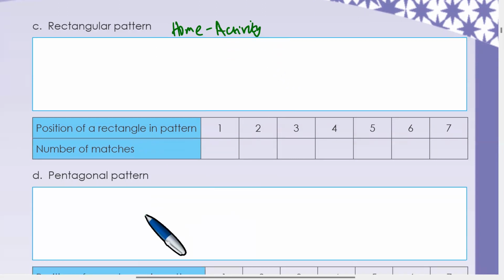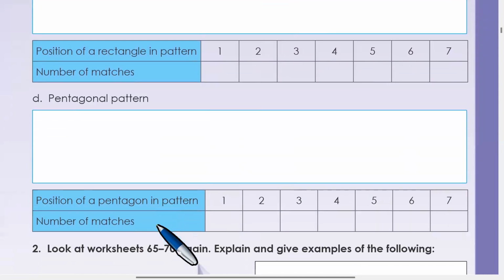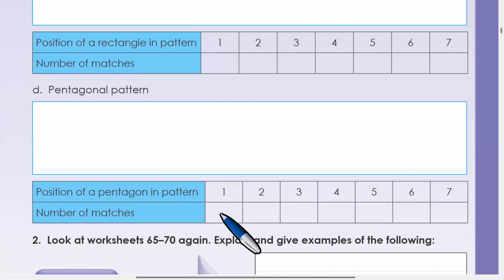Let's discuss the pentagonal pattern. How many matches are there in the first place? What does pentagonal mean? What is a pentagon? A pentagon would mean 5 vertices. 7?